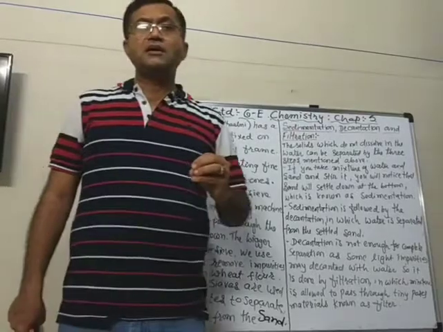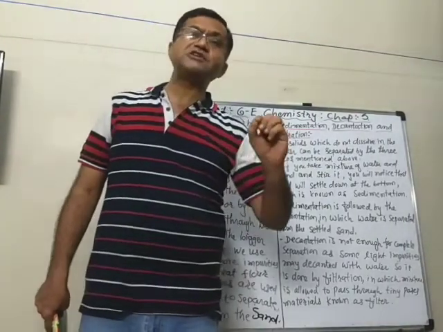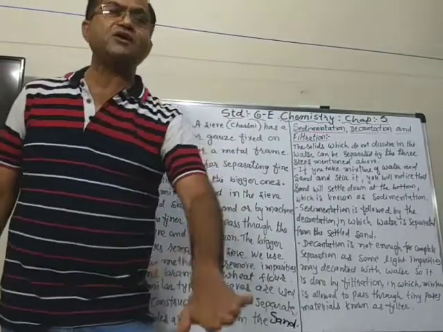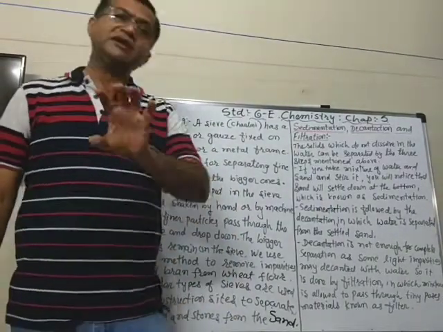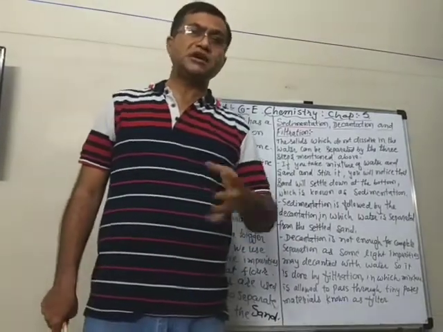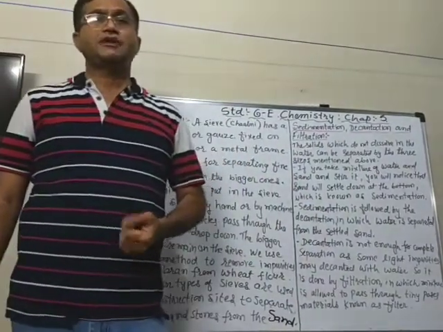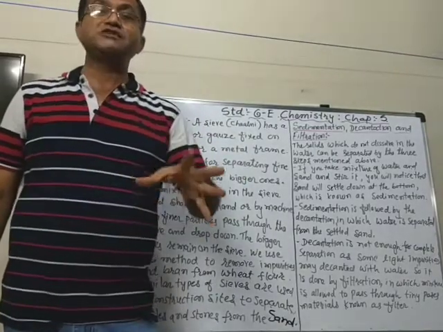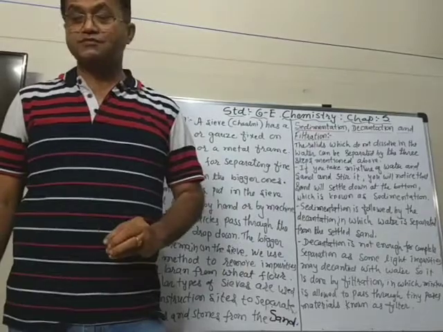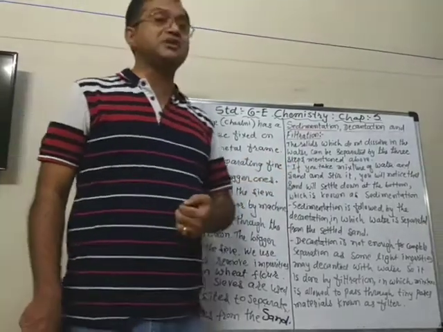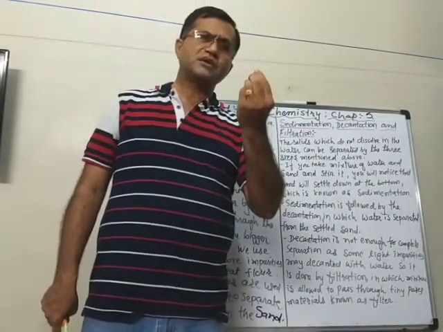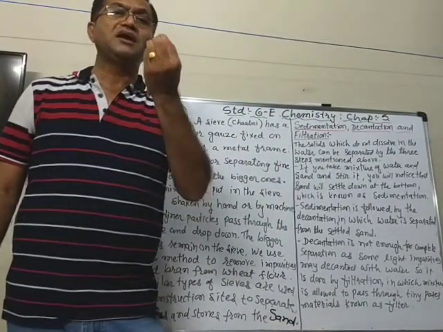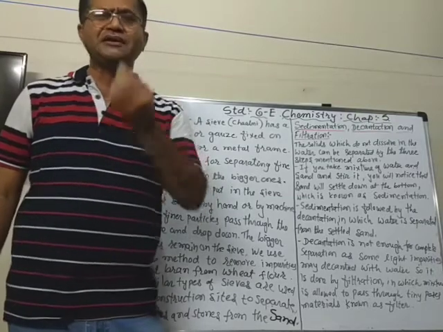But now if there are some small, very light impurities, they will not settle down at the bottom. They will come along with the water that we decant. And therefore, we have to use the last step, which is known as filtration. In filtration, the mixture is allowed to pass through a material with very small pores.